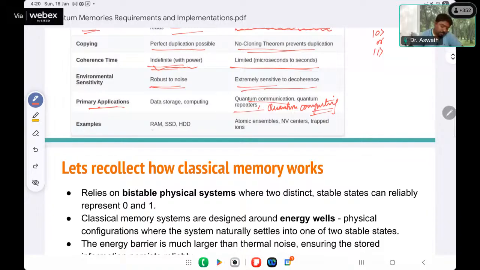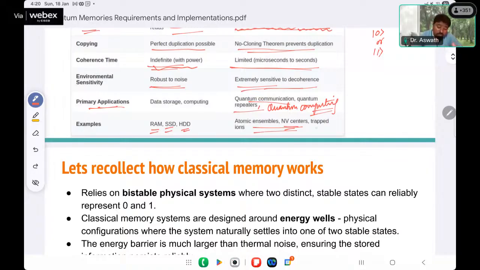So the examples are RAM, solid state hard disk and high definition disks. When it comes to classical memory versus quantum memory, how is it realized? We can take a few atoms, called atomic ensembles. I can take NV centers, nitrogen vacancy centers inside a diamond.